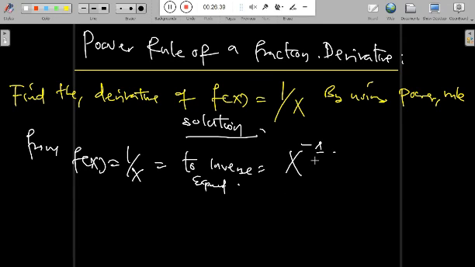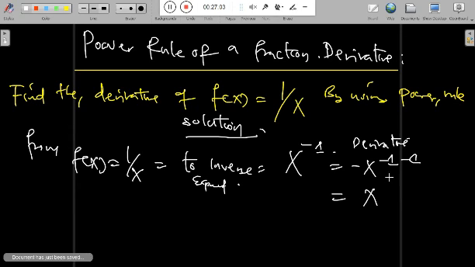So it gives x raised to the power of negative 1, now we apply the derivative on that particular function. So when you apply the derivative now, we take negative x, then negative 1 minus 1. The answer will be equal to negative x raised to the power of negative 2.